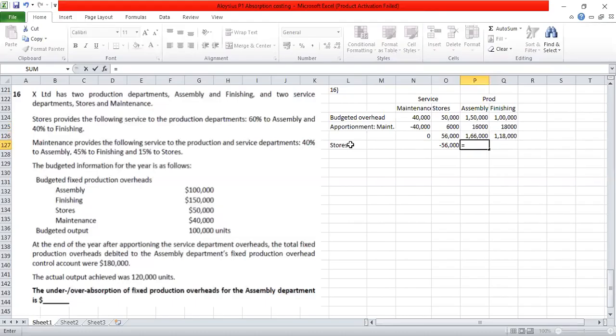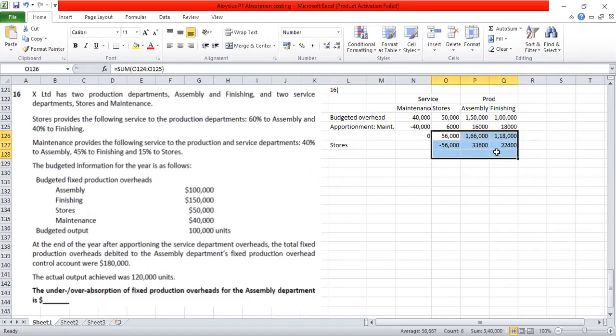So here it will be 56,000 into 60%. Then we have 56,000 into 40%. So now nothing is there in stores. Stores has become 0. Then we have assembly as 199,600 and finishing has 140,400. So these are the amounts what we see.